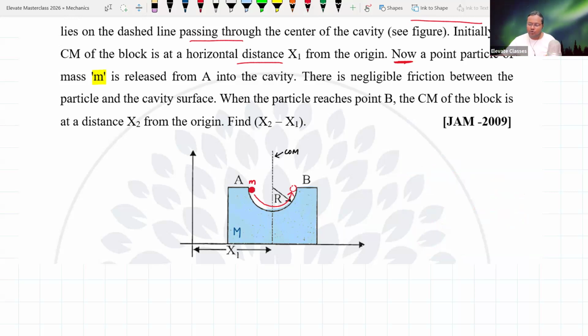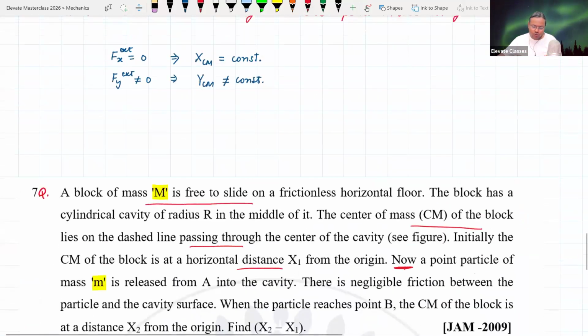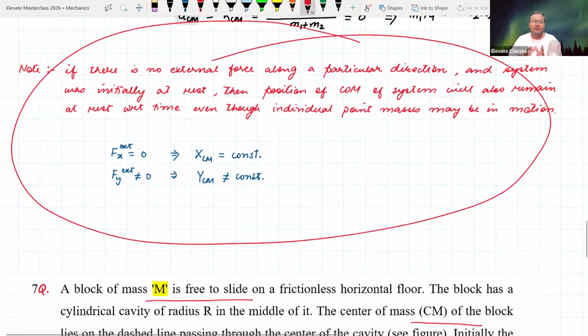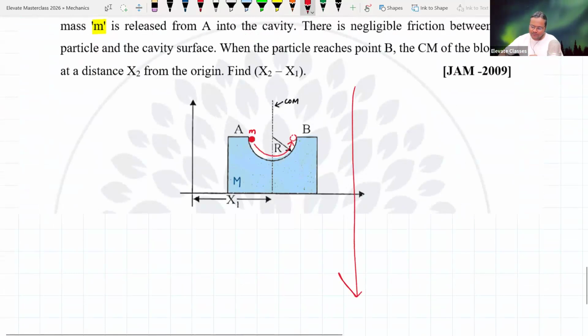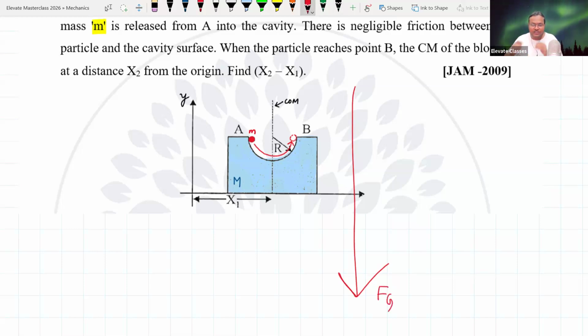As I told you a little while ago, these conclusions are relevant in every single individual axis. If there is a force along a specific direction, then we cannot conclude that the center of mass will be constant in this direction. So we cannot conclude anything in the y axis. We cannot make any conclusions about the center of mass being constant along the y axis because there is a force along the y axis, which is the gravitational force.